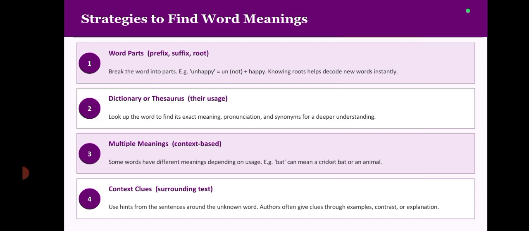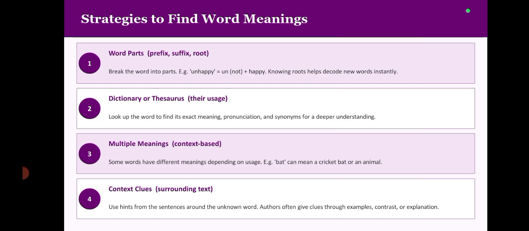We know that for making adverbs, past tense, plurals, present tense, and antonyms, we use prefixes and suffixes. So when we break the word, we get the root word. If we know the meaning of the root word, it will be easier for us to apply the suffix and the prefix, and we can get the meaning of the word.